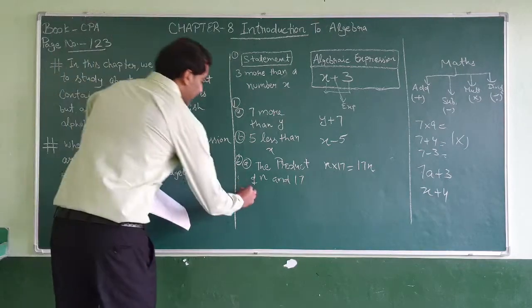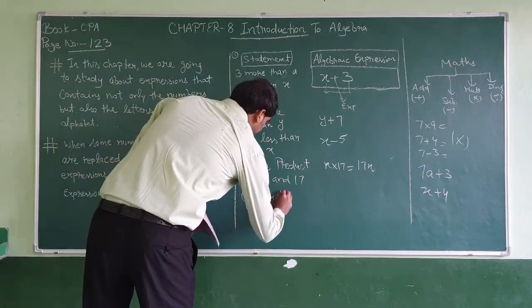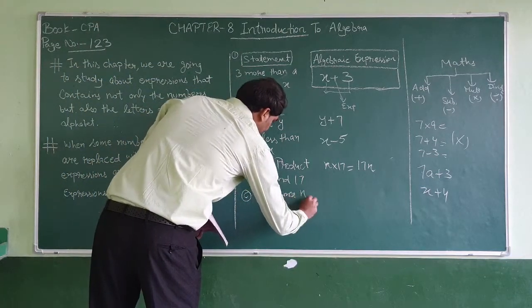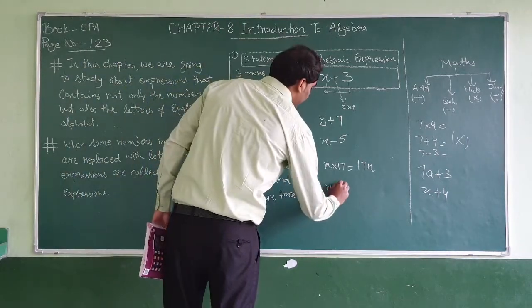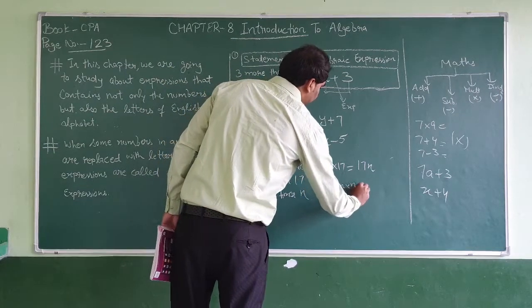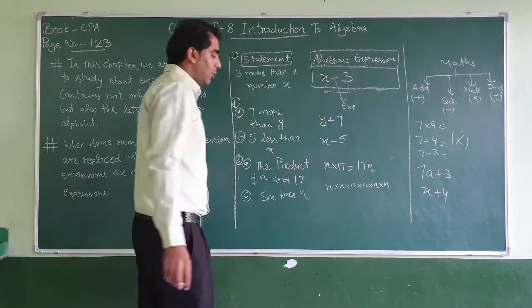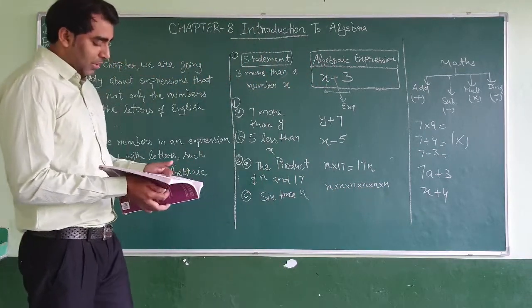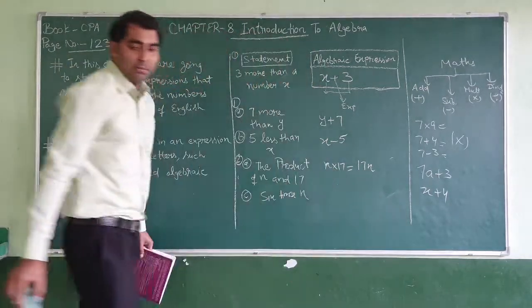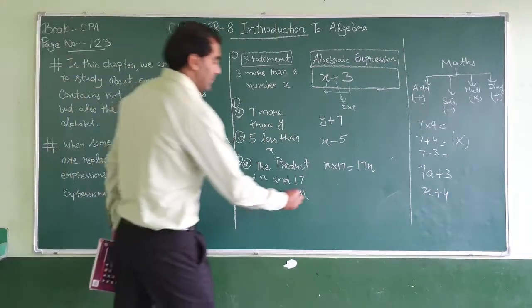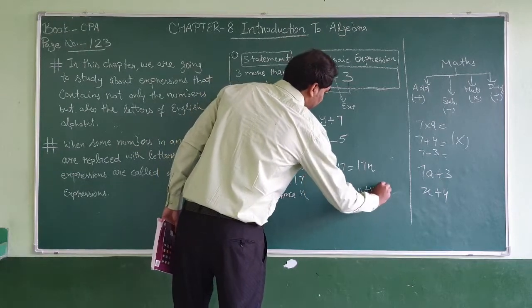And part C: 6 times n. 6 times n means n plus n plus n plus n plus n plus n, 1, 2, 3, 4, 5, 6 times. Sorry, it is not multiply.